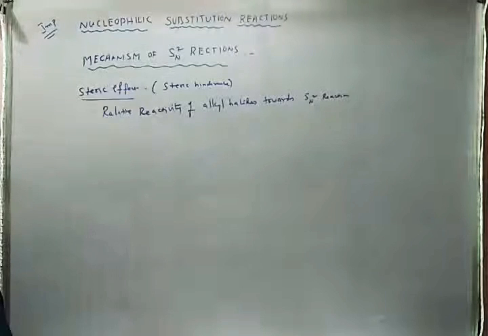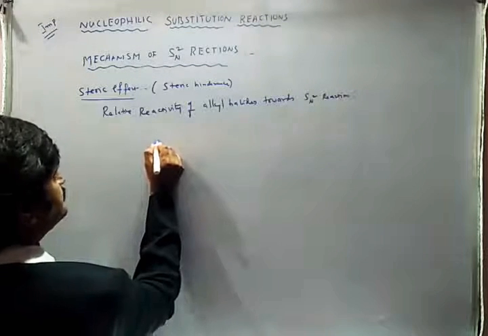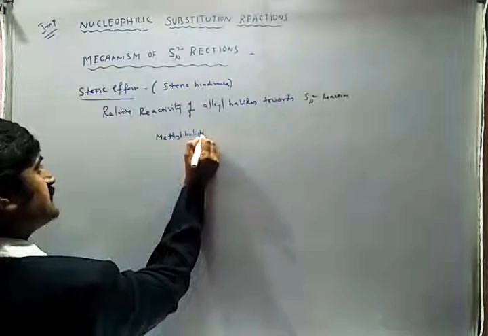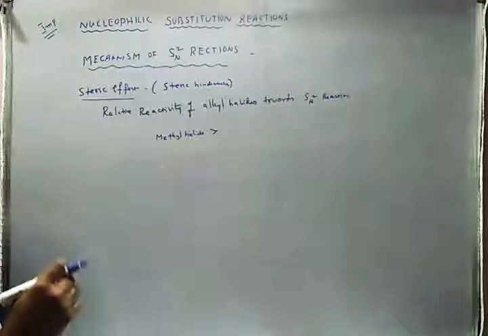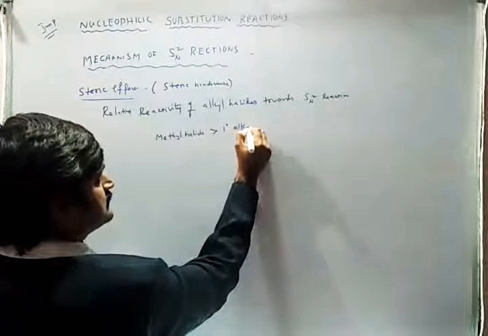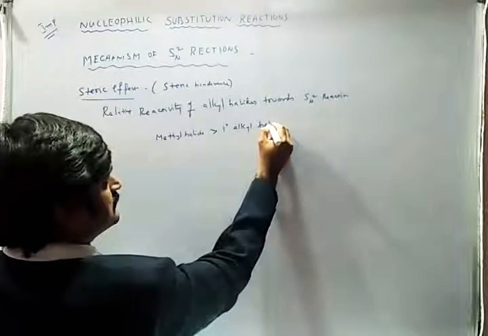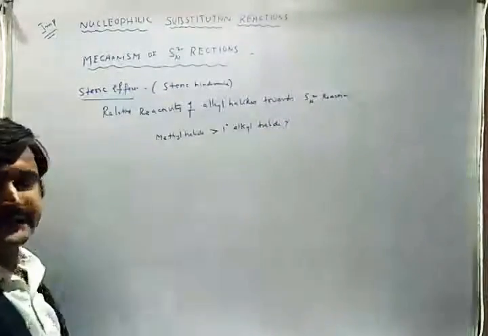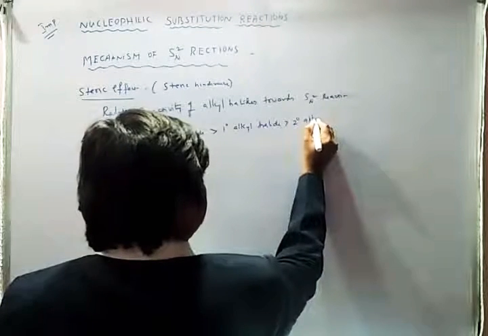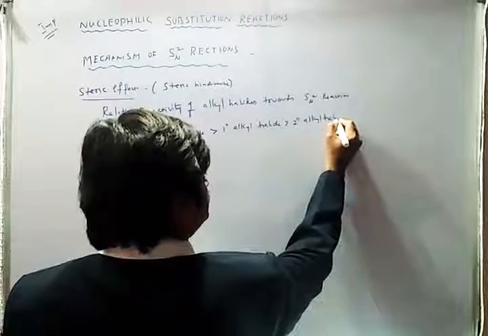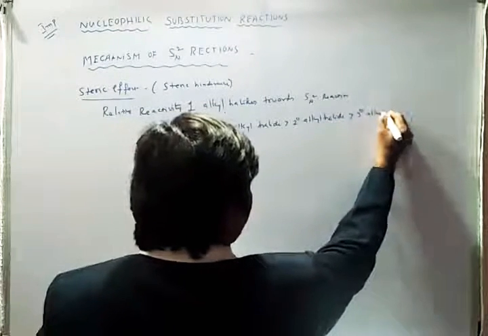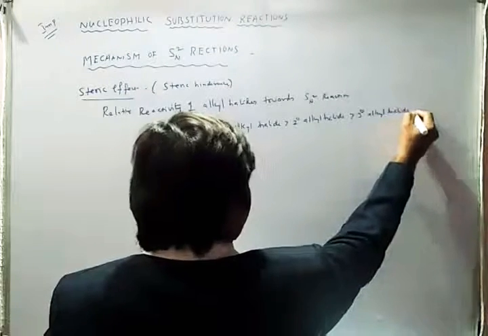It is given as: first we have methyl halide, greater than primary alkyl halide, greater than secondary alkyl halide, greater than tertiary alkyl halide.